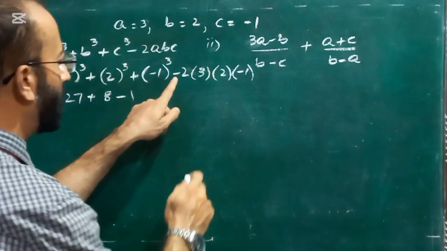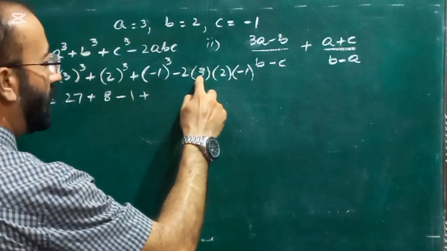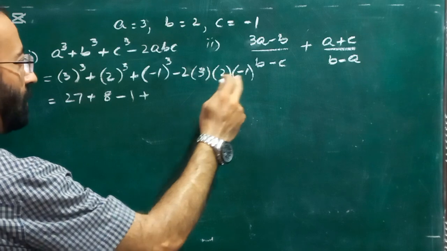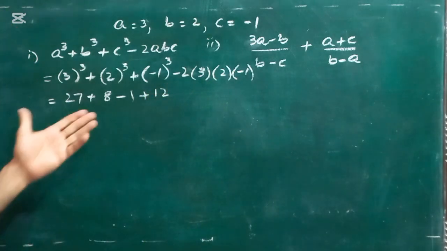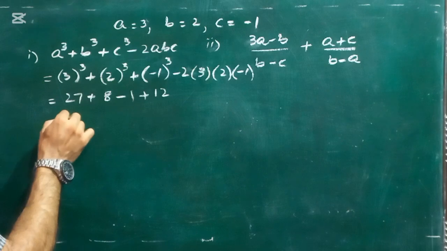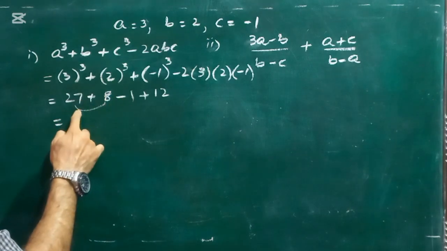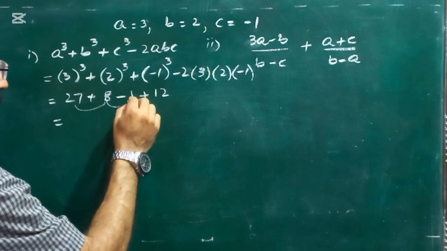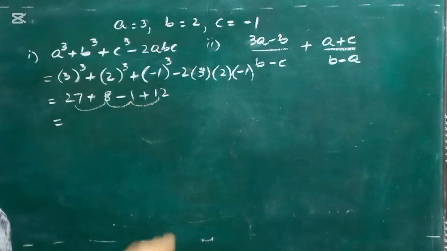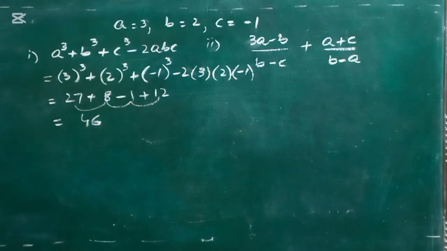Now here this minus minus will become plus. 2 3s are 6, 6 2s are 12, and 12 1s are 12. So from this stage we simplify the values. 27 plus 8 will be 35, minus 1 will be 34, plus 12 will be 46. So this is the answer.